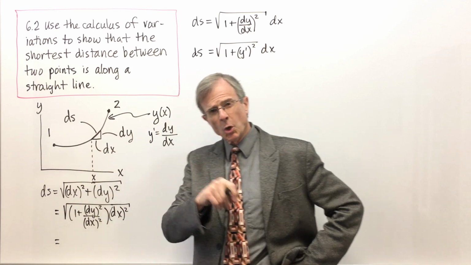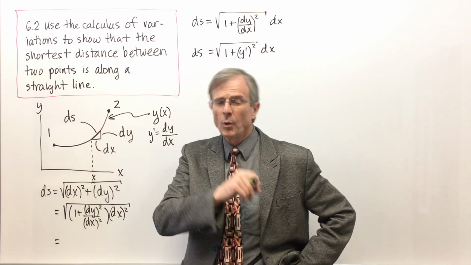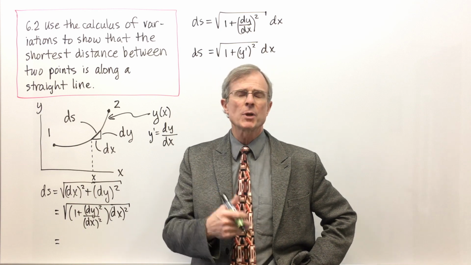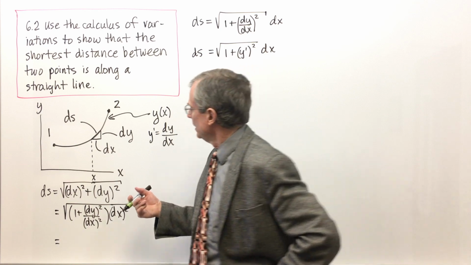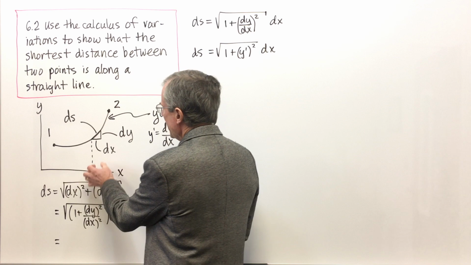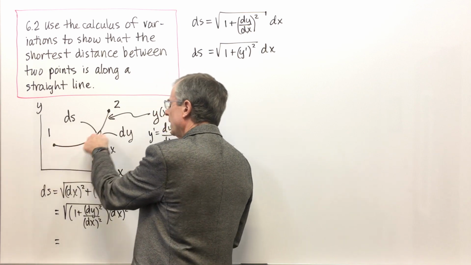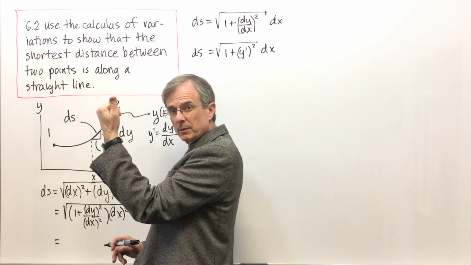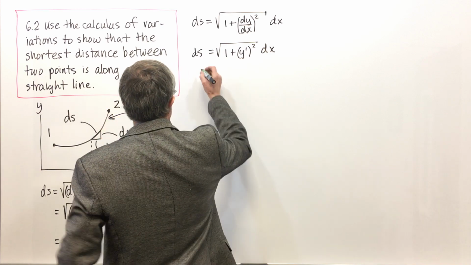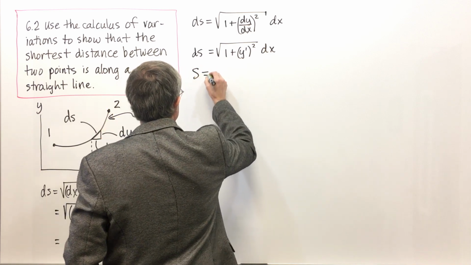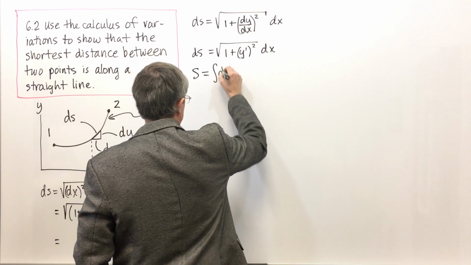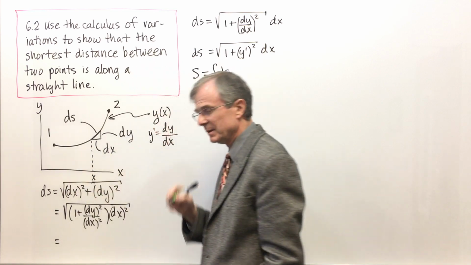Well, how do I find the total distance between point 1 and point 2 that I'm trying to minimize? Well, wouldn't I just add up all those little ds's from point 1 all the way up to point 2 in order to get the total distance? And that's correct. I'm going to call that capital S, an integral of ds.